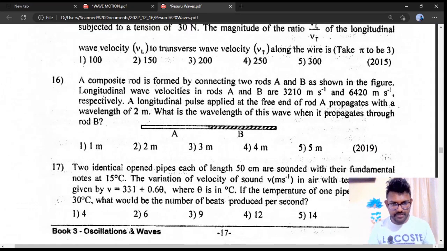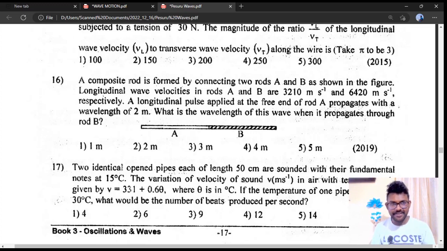It's on the 17th page if you have that page of the book. The 16th question is the 2019 past paper MCQ question. Just pause the video right now and try the question, and then afterwards we'll discuss. Okay, so I think you paused it and you tried it.